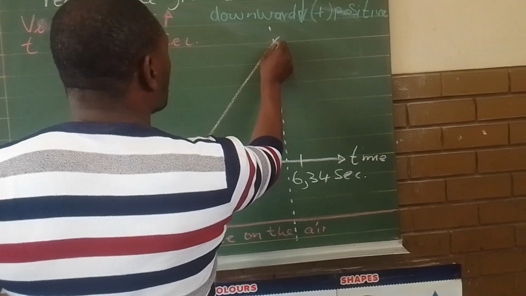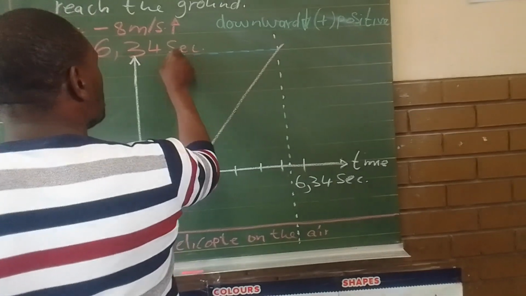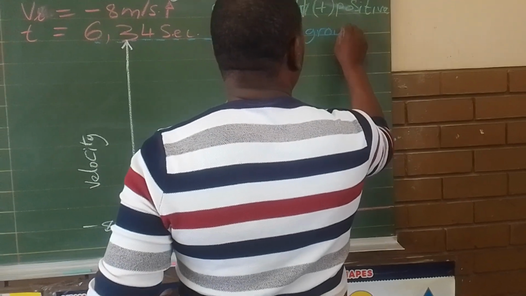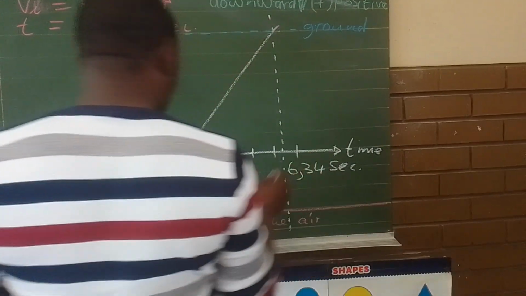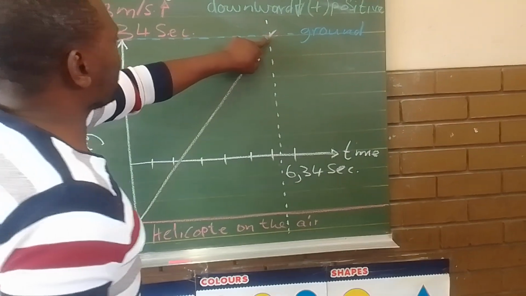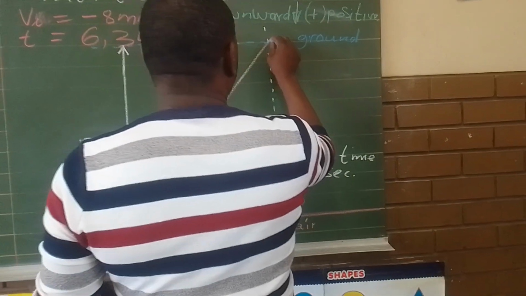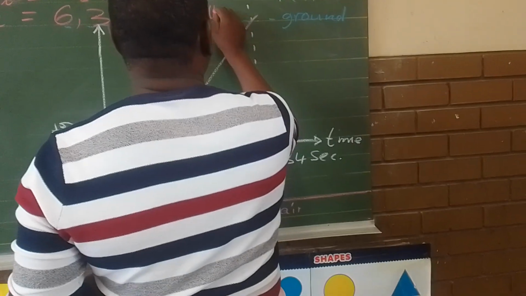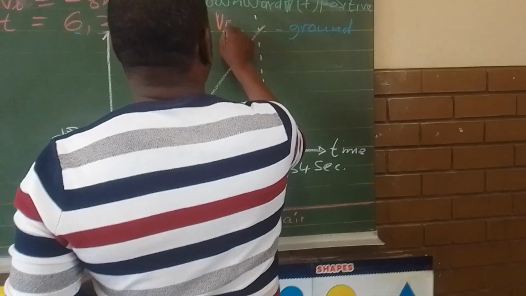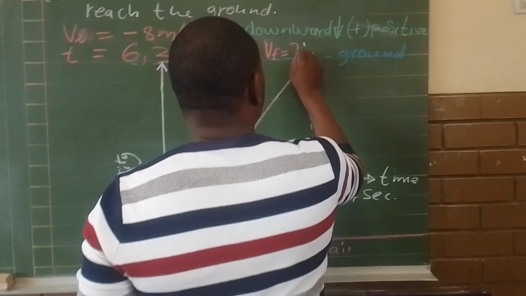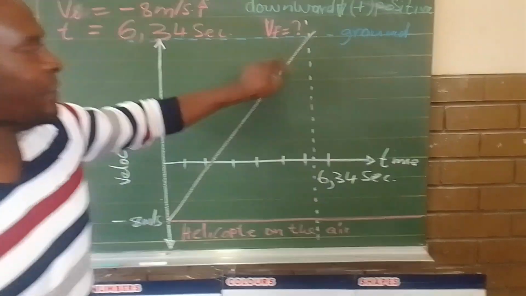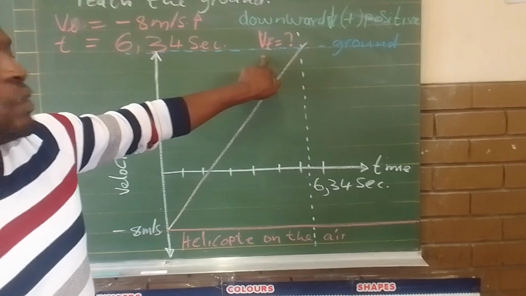At this ground, we must calculate the velocity at which the stone hits the ground. But that question is not included in this question paper.